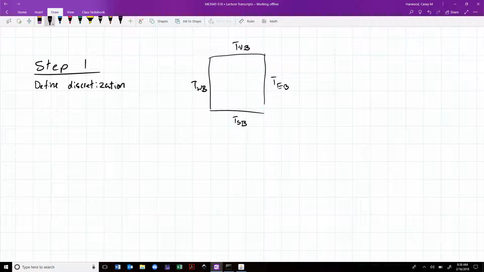So we're going to walk through this whole problem doing a process that involves a 4 by 4 node arrangement. So we would say here's a node, here's a node, here's a node, here's a node. So once again, we would say that this is a 3 by 3 segment mesh, or 4 by 4 node mesh.